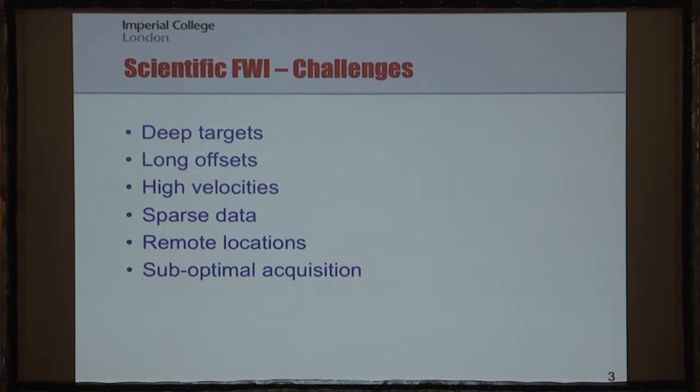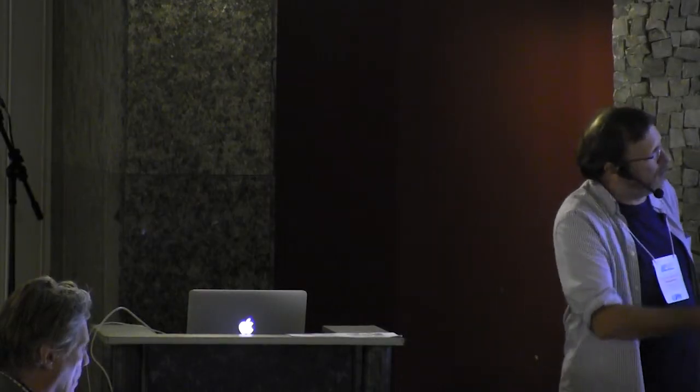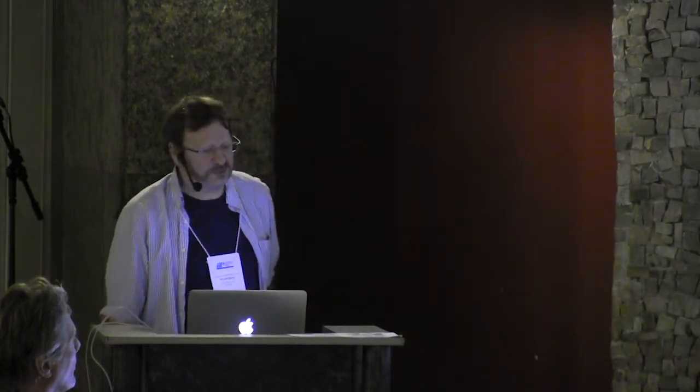So that's an issue. And then very often we end up with some sort of suboptimal acquisition. The data's sparse, we can't use the full offsets that we would really like, we can't use the full azimuths that we would like. So lots of things are suboptimal about the sort of data that we can often collect for scientific FWI. So a whole series of challenges, which you'll see.